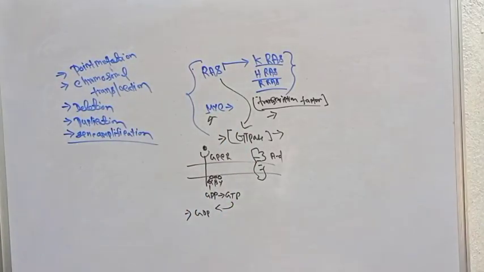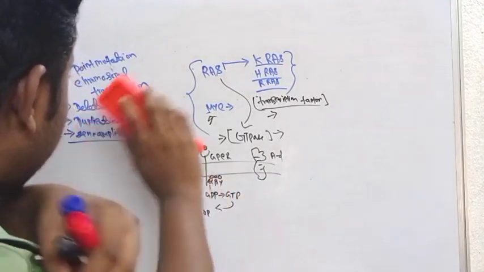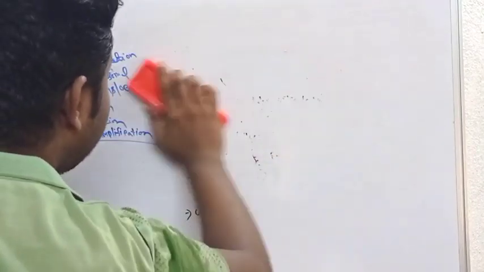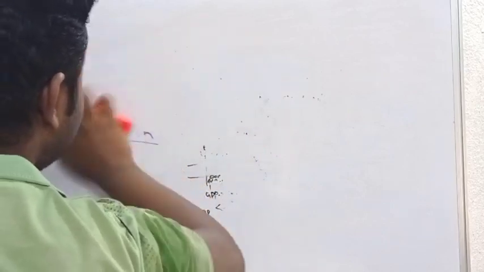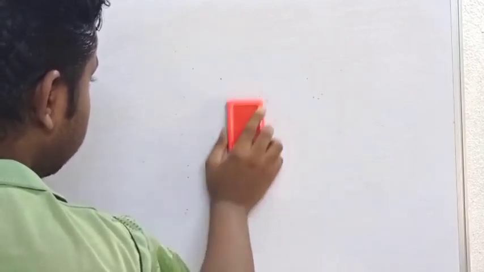Other kinds of proto-oncogenes are present. Almost 100 types of proto-oncogenes are present, but these are the two main types which are important.